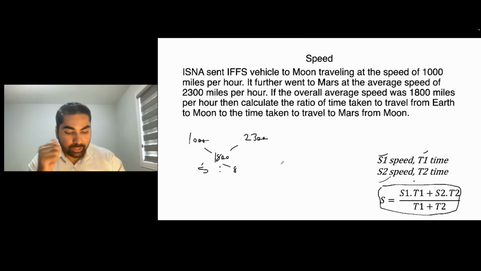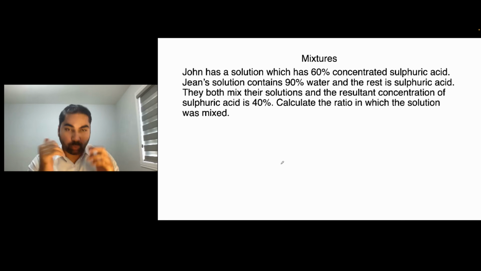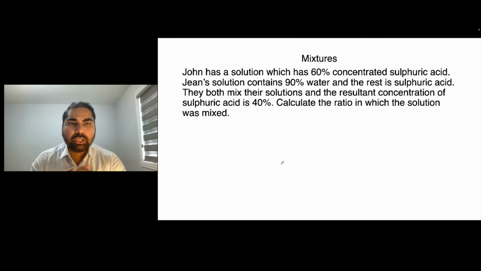Now let's see the other aspect it applies to, which is mixtures. That's where this expression of alligation really came out. So in here again, John has a solution which has 60% acid, and Jean has a solution which has 90% water, and the rest is acid. They mix both the solutions together, and the resultant is 40% acid. So again, you can do that.